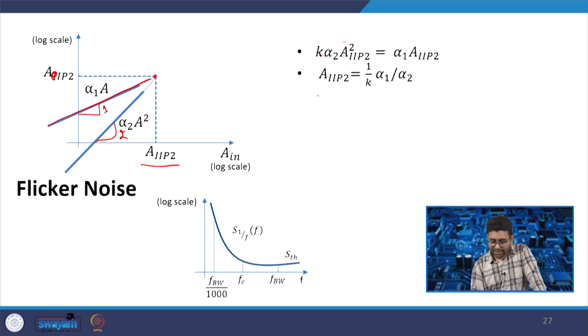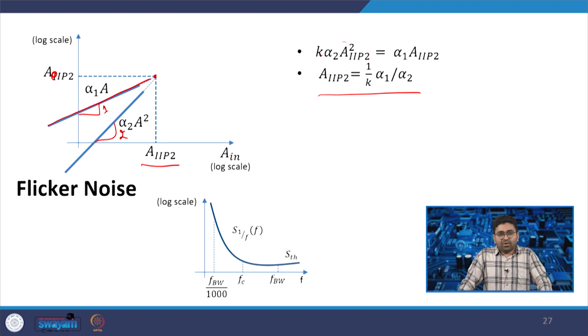You will get A_IIP2 which is somewhere around K alpha 1 by alpha 2. So, you can easily find out the IIP2 of any system by applying the two tones and considering the beat component, or the second order component omega 1 minus omega 2, which is near your desired frequency.